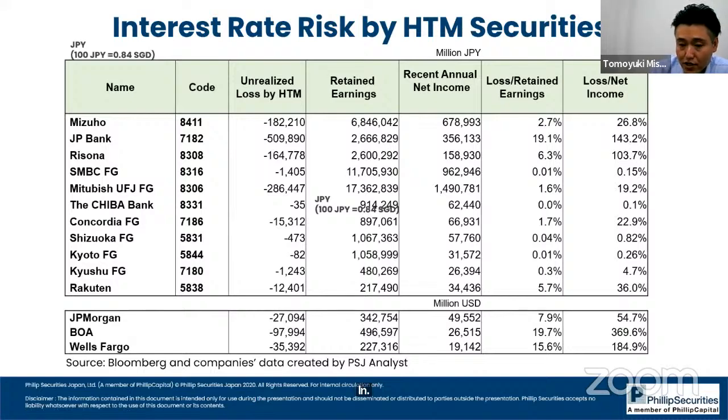So I have to say that the Japanese banks are taking less risk, also less interest rate risk and loan risk, and their capital efficiency is less efficient than the US ones, but price appreciation is bigger than the US comparables.